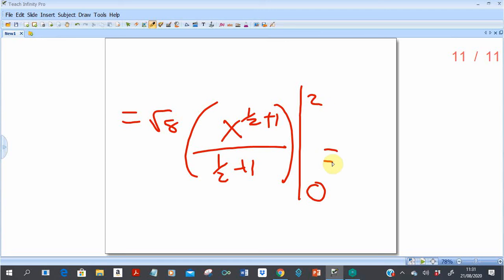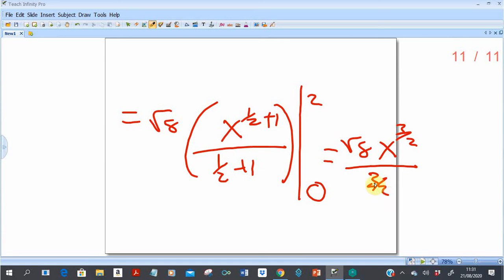Then that gives us root of 8, x to the power 3 over 2, over 3 over 2. But these values do not have x, so we can as well just take them out.